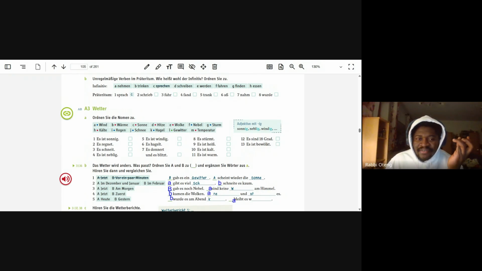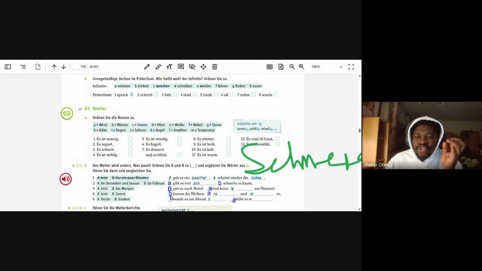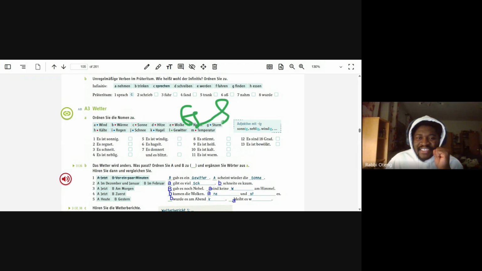So it is raining. Schnee to form the verb is schneien. So it is snowing. The verb to snow is schneien. If you want to say it is snowing, it's what? Es schneit. Okay? Es schneit.